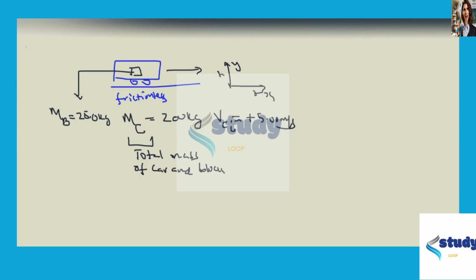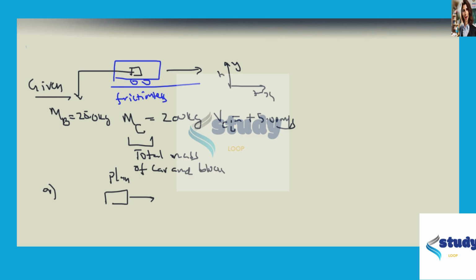So before anything happens in part A, this is what we're given. In part A, we want to find what's going to happen. Think about this as being a plan view, and the car is moving that way.